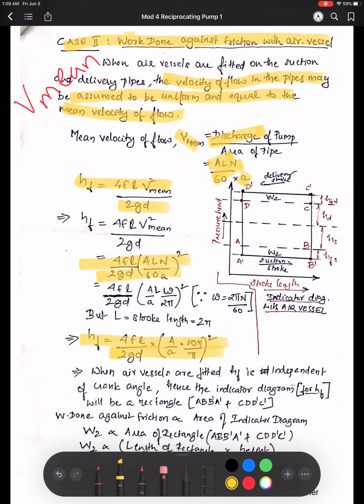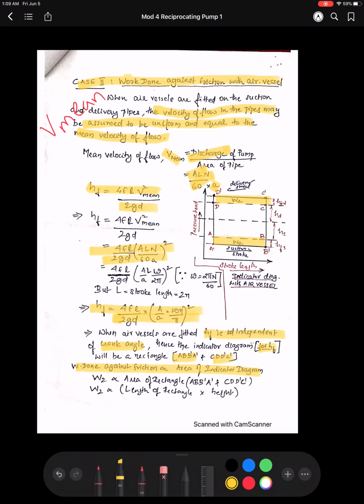So as you can see, in this HF equation, HF is independent of the crank angle. Hence the indicator diagram for HF, you have to keep that in mind, will be the rectangles ABB'A' and CDD'C'. That means this area and this area.